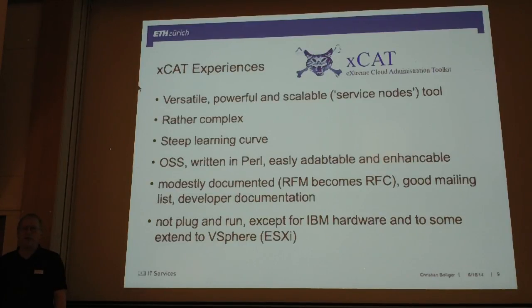Otherwise we would have a kind of hen and egg problem, as Stephen calls it. We need xCAT to install the ESXs where the vCenter is on. If you have this also on a virtualized machine, how do you install this machine?